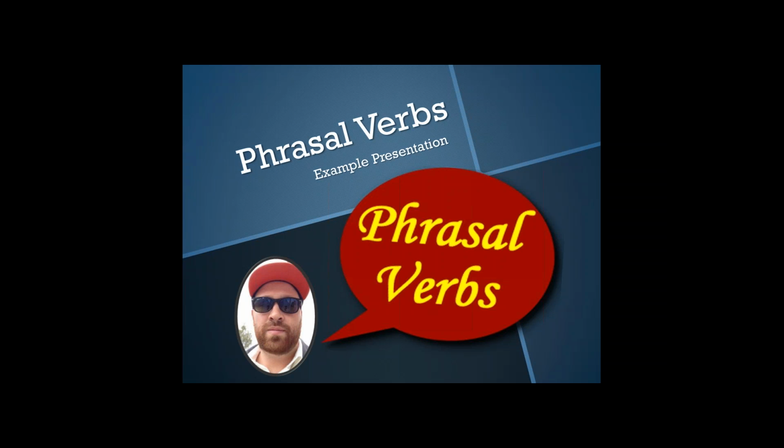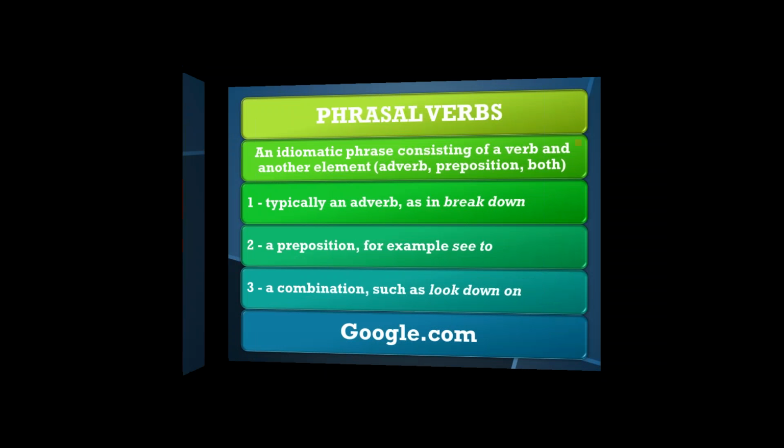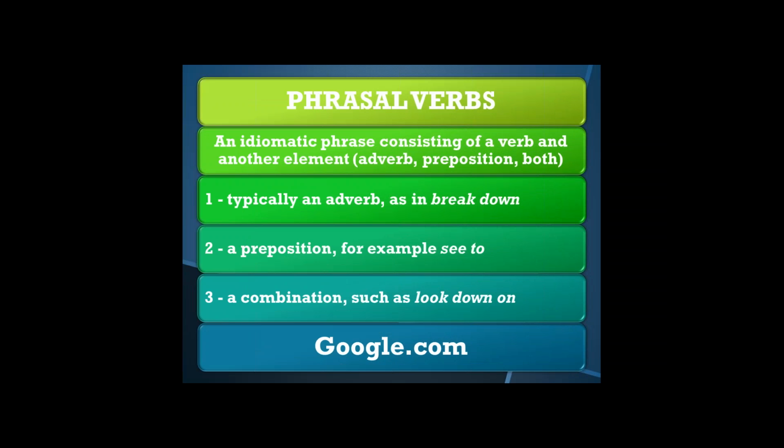Similar to the idiom strategy, you would use a presentation like the one I will show you in a moment. First, you might want to talk to the students about what phrasal verbs are. They're idiomatic phrases, with a verb and usually an adverb or preposition or both. Here are three quick examples. Break down is a verb and an adverb.